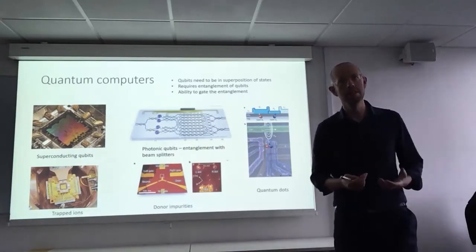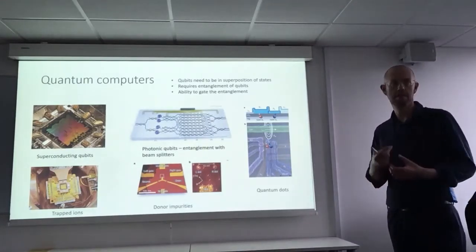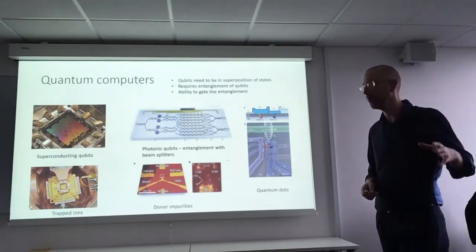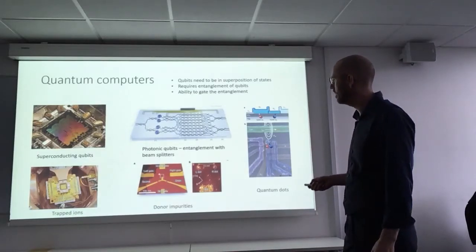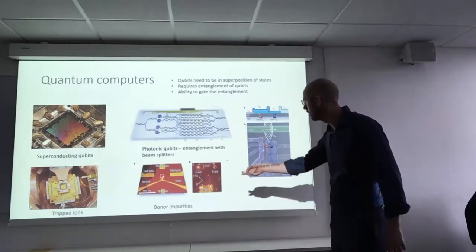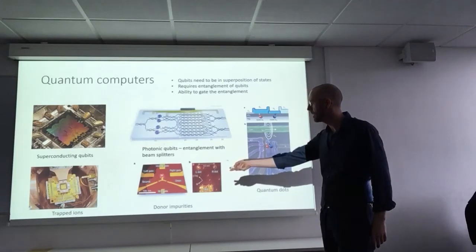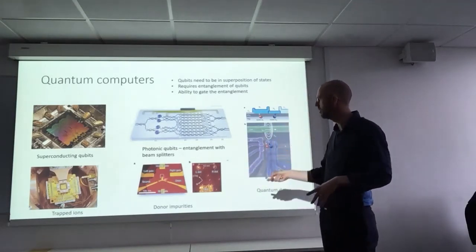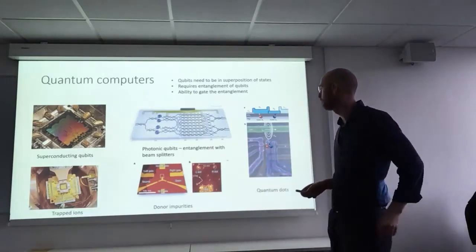Like you need some phosphorus in there to change the silicon to n-type, and that's what makes the transistors in your phone work. But this is looking at individual phosphorus atoms on silicon. So those two spots there that you can see are individual phosphorus atoms on a silicon layer, and the rest of this stuff is just the structure that's needed to control them.